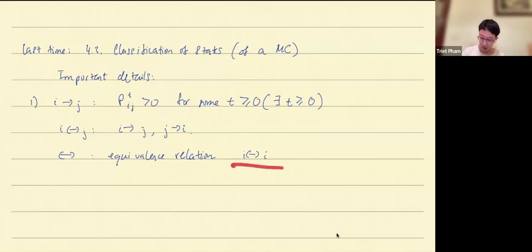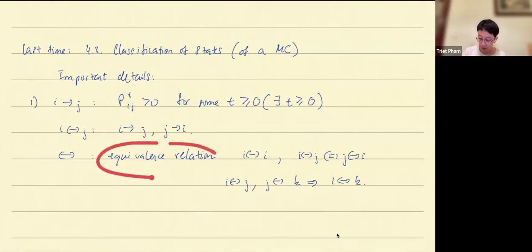So it satisfies identity, symmetry, and then transitivity. The reason why we care about equivalence relations is because they break the whole universe, which is the state space here, into equivalence classes.